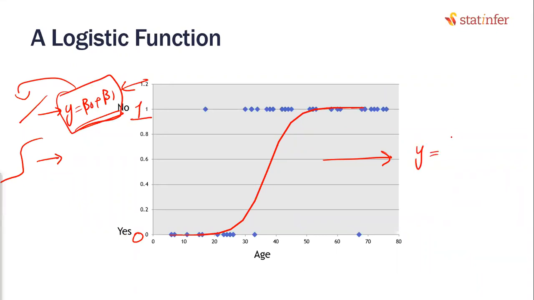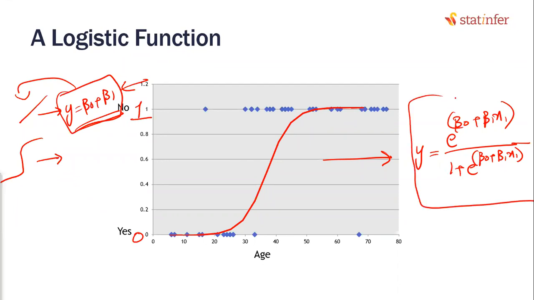This is given as y equal to e power beta naught plus beta 1 x1 divided by 1 plus e power beta naught plus beta 1 x1. This is your logistic regression line equation. The way the other represents a straight line, definitely this represents an S curve. This is known as the logistic regression line.